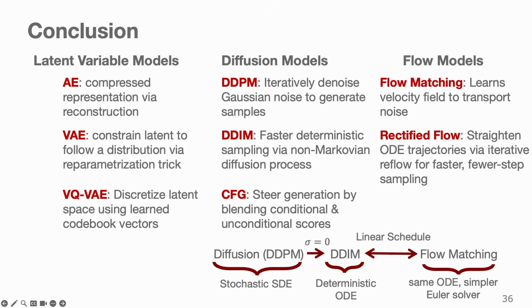Then with diffusion models, we've seen with DDPM how to iteratively noise Gaussians into data, with DDIM, how to make this faster and deterministic by discretizing the probability flow ODE, and then with classifier-free guidance, how to steer generation by blending conditional and unconditional predictions. And then finally, with flow matching, we have seen how we can learn a velocity field that transports noise along straight paths, and rectified flow that straightens those paths further for even fewer integration steps.